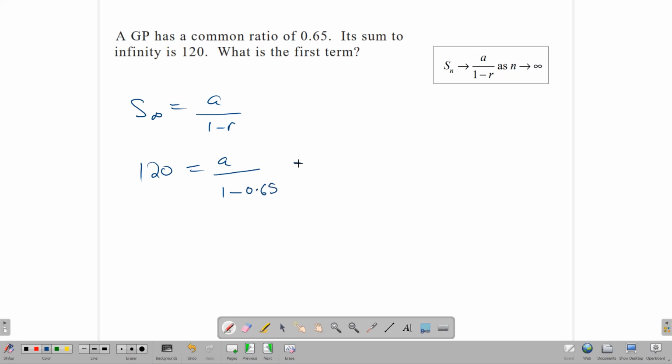And 1 minus 0.65 is 0.35. A simple cross multiplication here tells us that a is equal to 120 times 0.35, and that gives us an answer of 42.